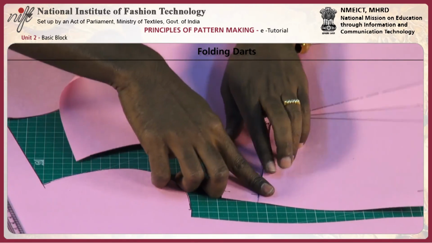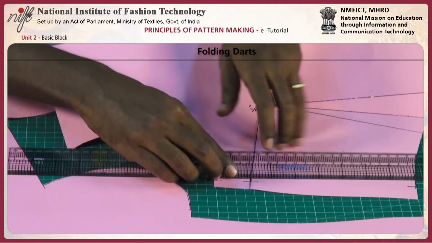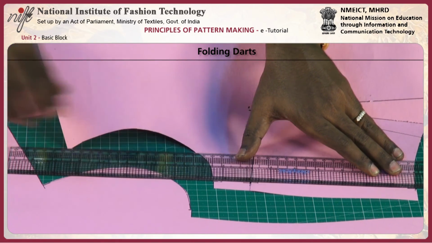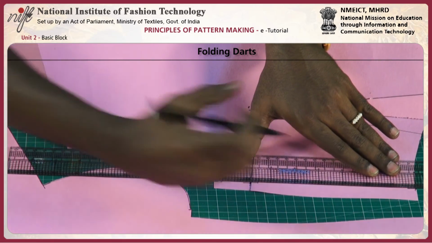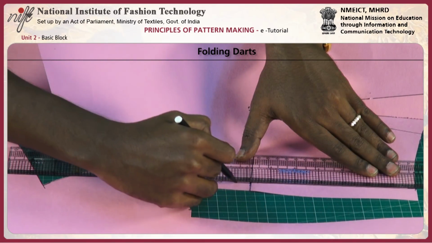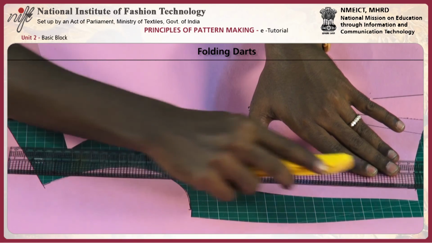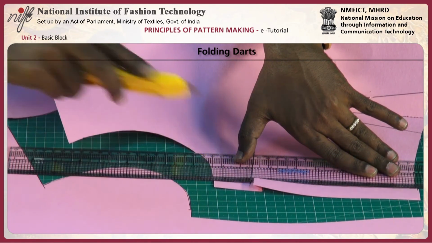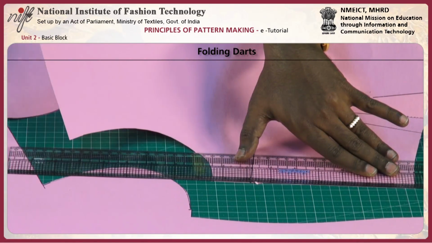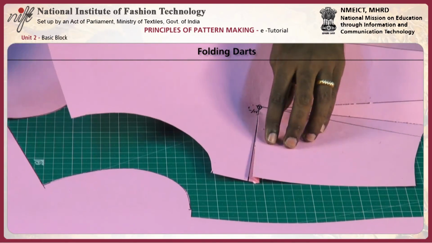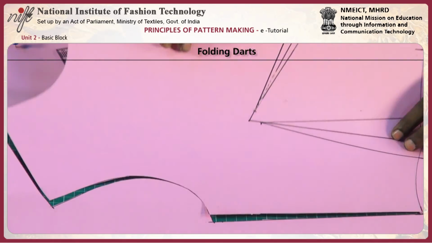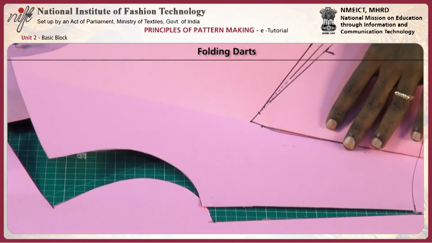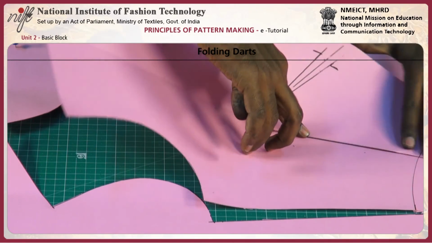Fold the dot, then draw the straight line. Cut the pattern.